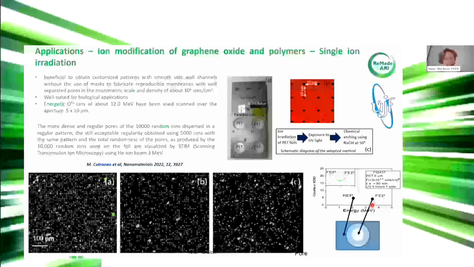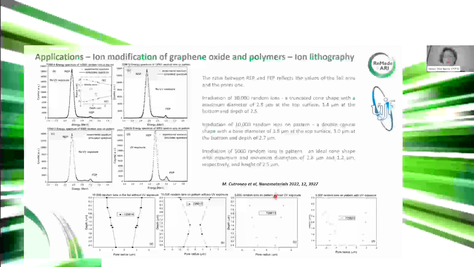This is a small peak because the area is small, and there is a main peak where the energy is lower because the ions are penetrating the area where there is not empty space. From this spectrum, we can simulate and see how the pores look.